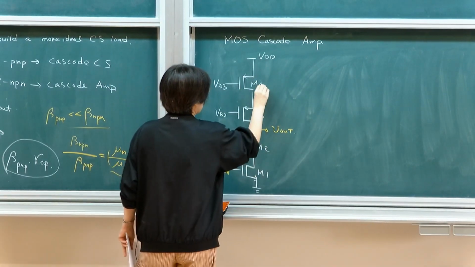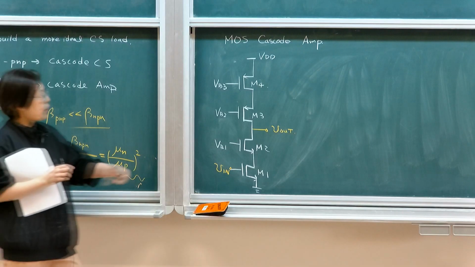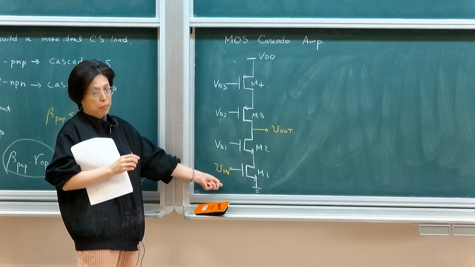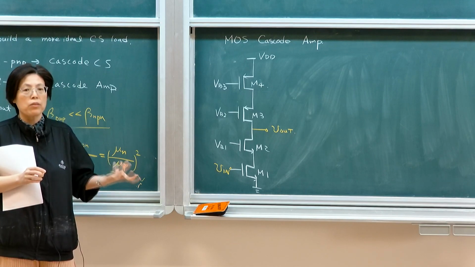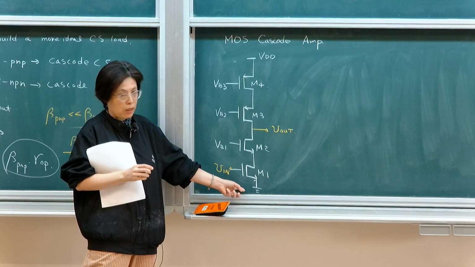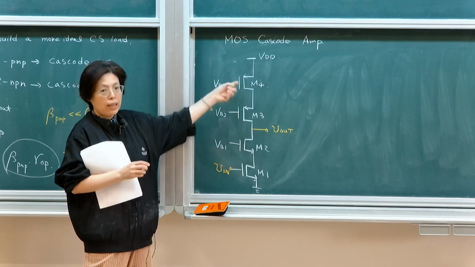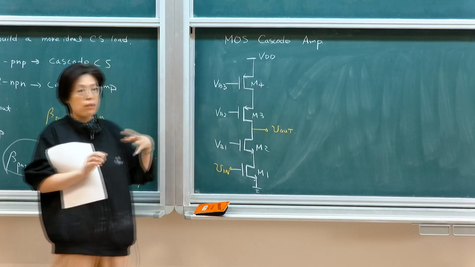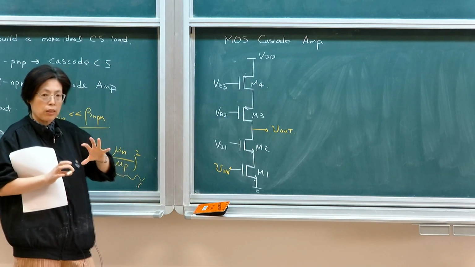So for example, you would then be faced with this type of question, for example, in the final exam. I will give you something like, for example, this is an example circuit. And I will ask you, what is M1? What does M1 serve? You should know that M1 will serve as a common source stage. This will be a common gate stage. And 3 and 4 will be the cascode current source. You should be able to identify what each of the transistors are, their role in a circuit.